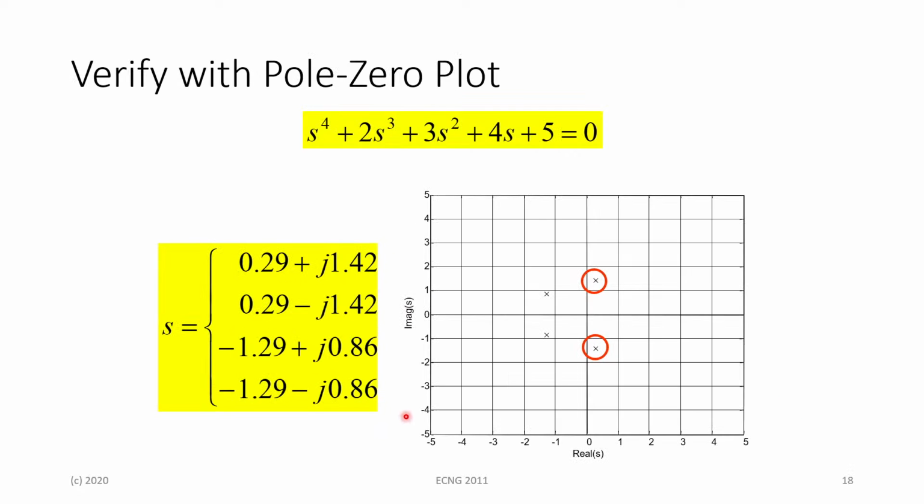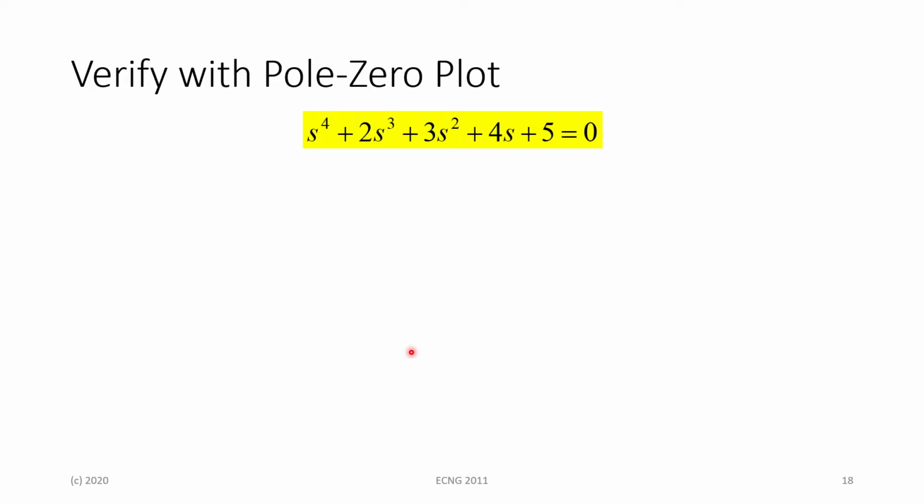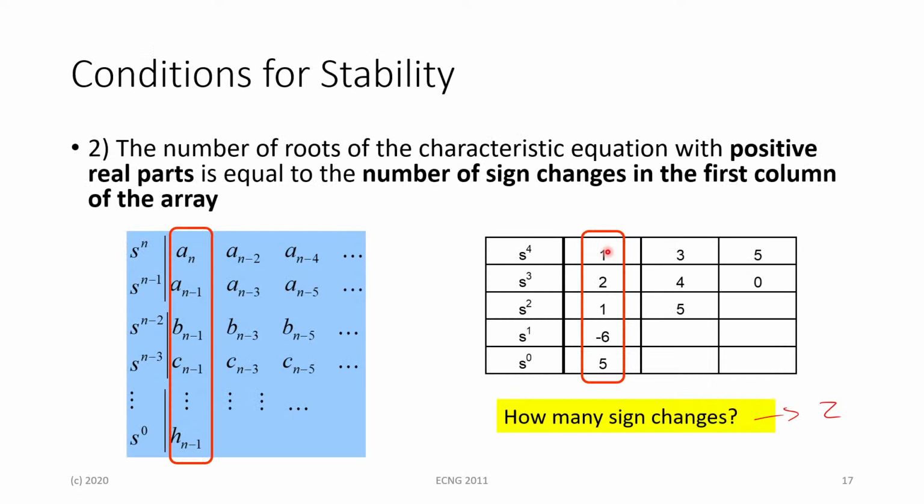What that means is that the number of sign changes here will tell us how many poles, or how many roots in this particular case, you can refer to it as either one, are going to be lying on the right-hand side of our S-plane. So if there were no sign changes here, that means all the poles are going to lie on the left-hand side of the S-plane.